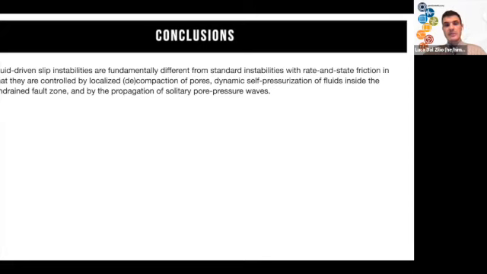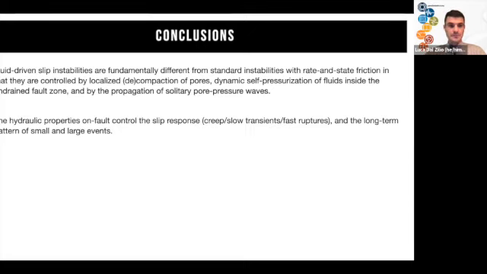This mechanism is particularly efficient when we assume a fault with undrained conditions, where the evolution of pore fluid pressure within the timescale of nucleation does not allow fluids to escape from the fault zone.